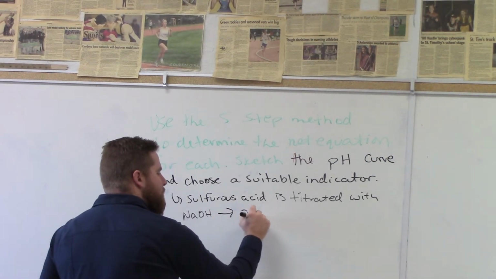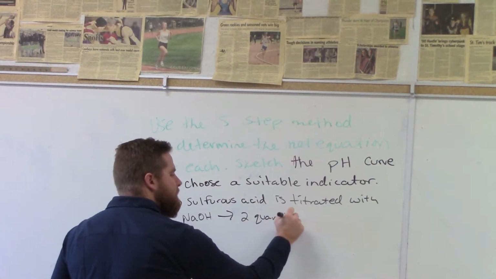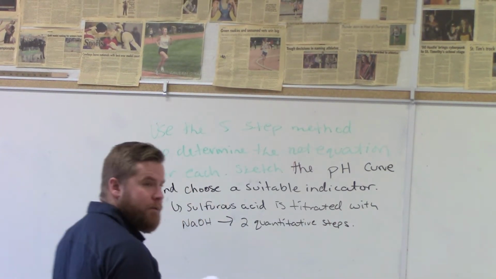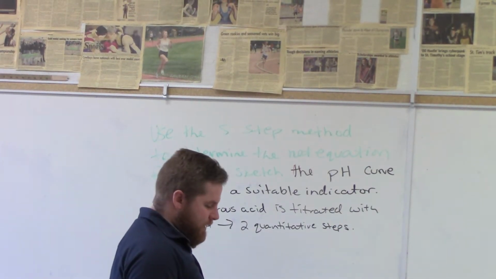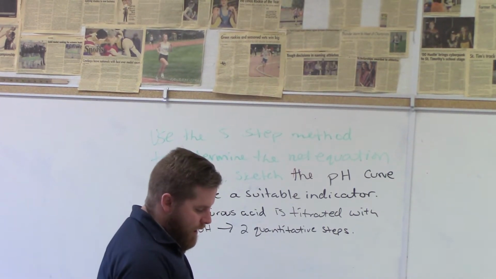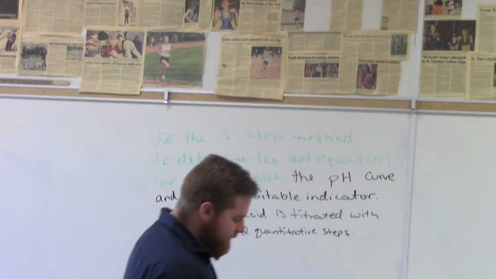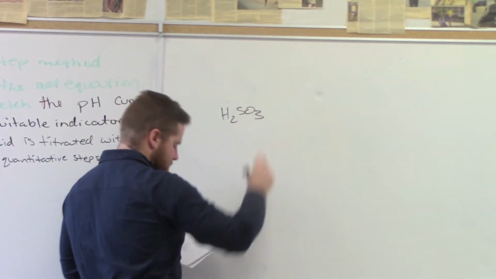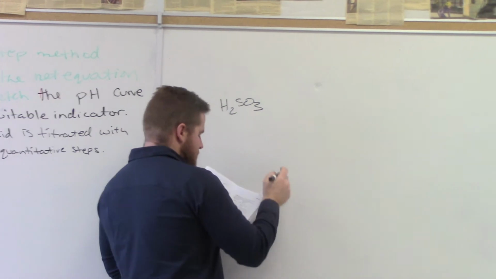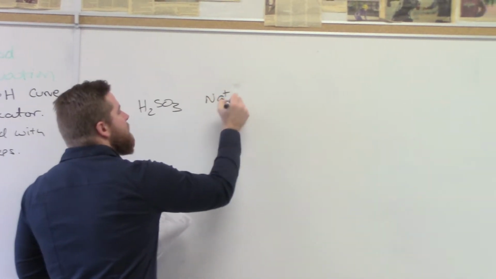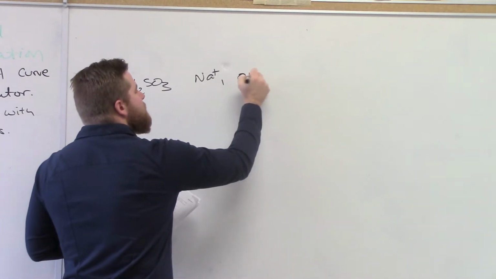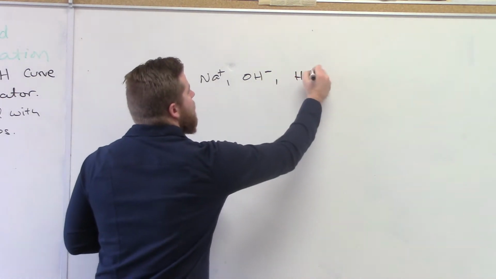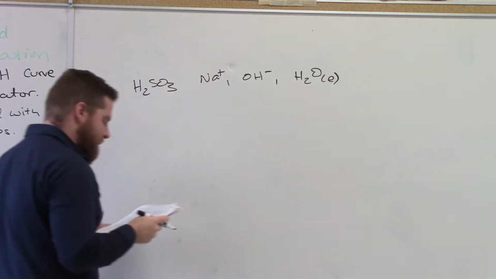And there are two quantitative steps in this reaction. So when we look at the entities, let's start with that. We have H2SO3, and we have Na+ present, OH- present, and H2O present. So those are my entities identified.